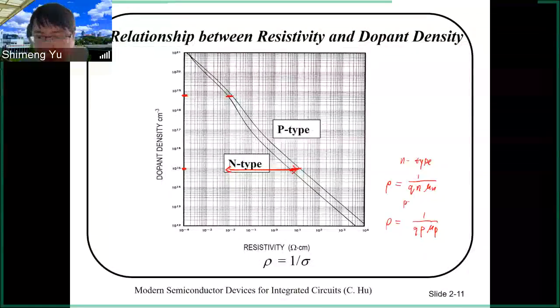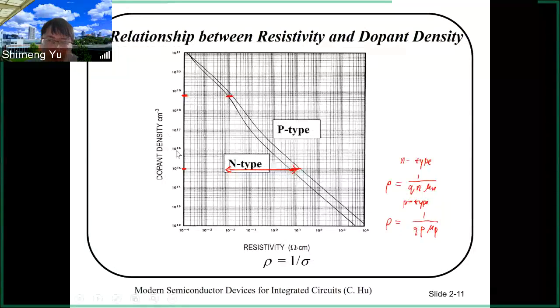This is for p-type. And this dopant density will determine n for the n-type, and the relationship is almost inversely proportional.